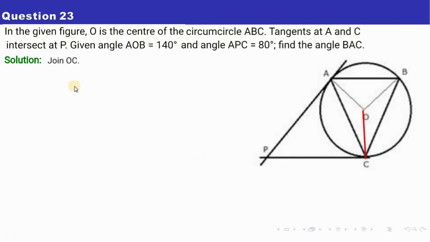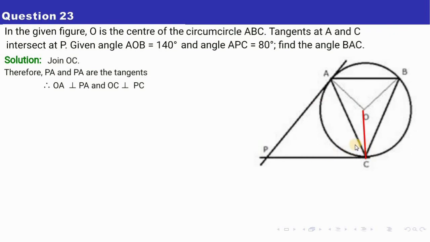So join OC. Therefore we can say PA and PC are the tangents. And we know that this OA will be perpendicular to this tangent, and this radius OC will also be perpendicular.